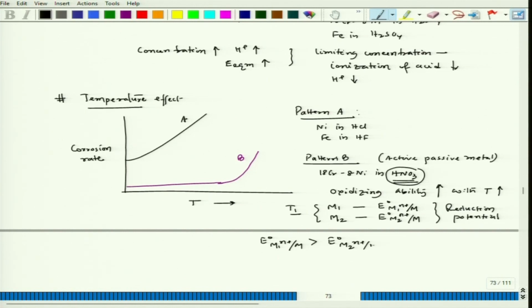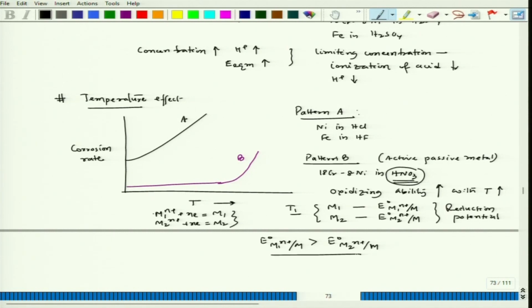Here I am talking about two reduction reactions: M1 n+ plus n e equal to M1, and M2 n+ plus n e equal to M2. In both cases their oxidation numbers are the same.